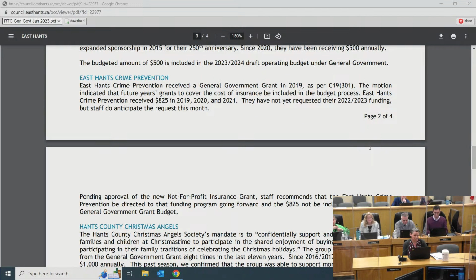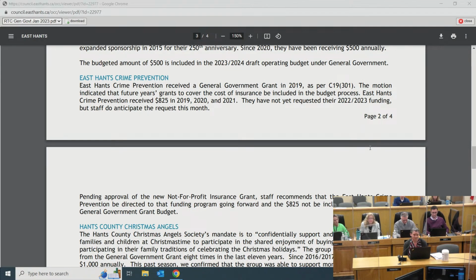East Hants Crime Prevention, they're relatively new. They've only been receiving a general government grant since 2019, and it was specifically to cover the insurance that they needed for their Citizens on Patrol program. The amount is $825. They haven't requested their 2022-2023 funding, but it's normally issued in December, January. So I am hoping to follow up with the group.